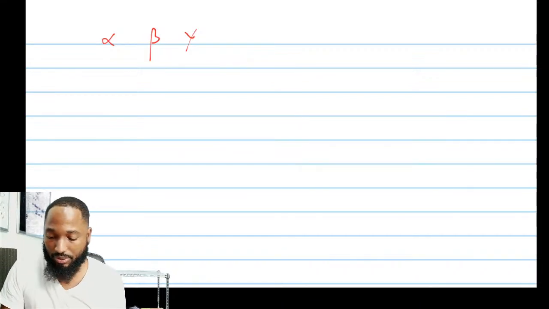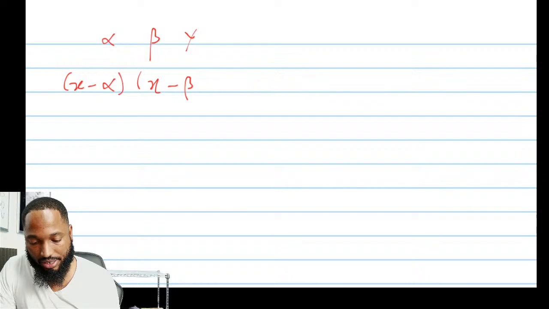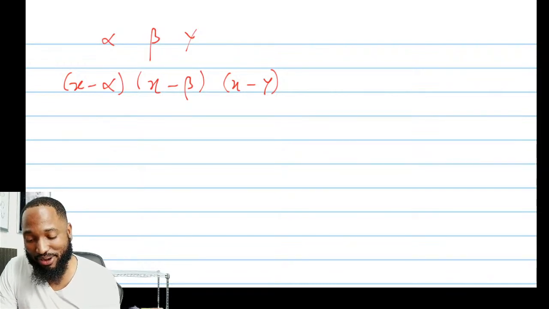So the factors here will be x minus alpha, x minus beta, x minus gamma. If you multiply all this, I'm not really feeling to do that, you realize you'll get x cubed.